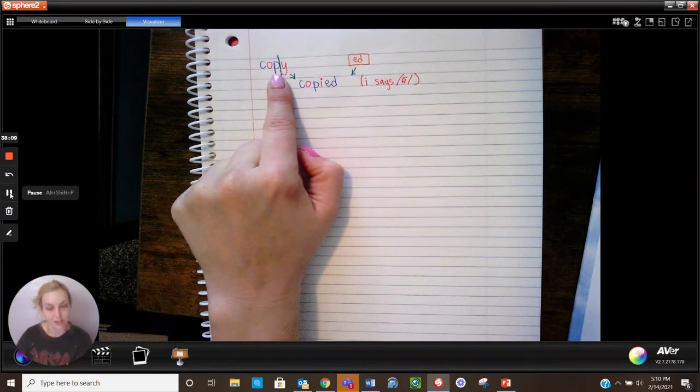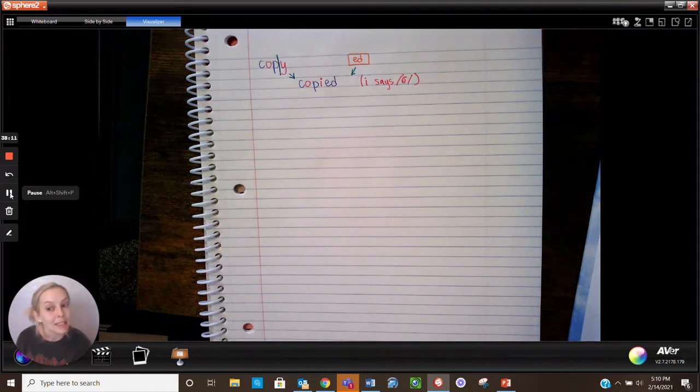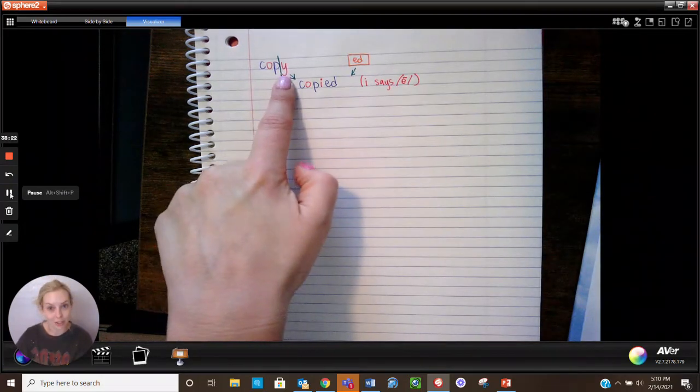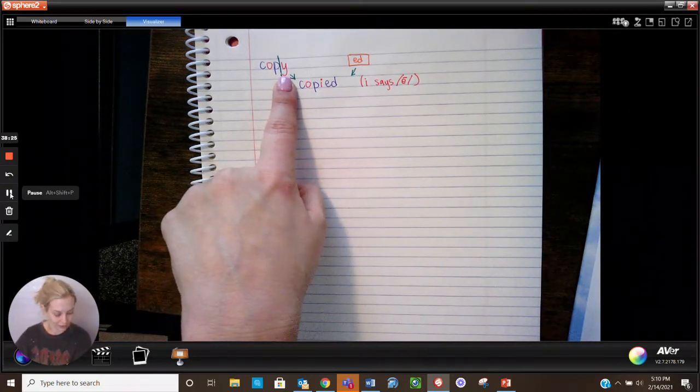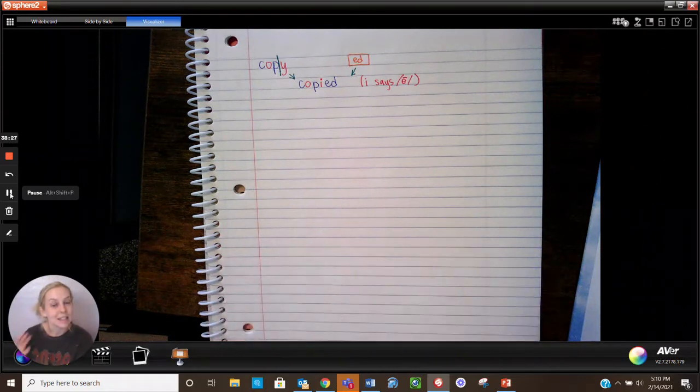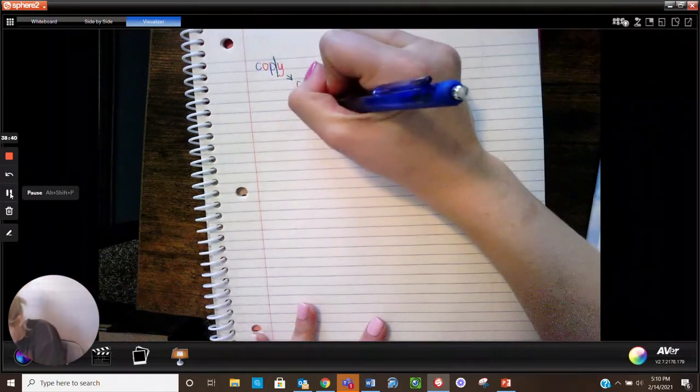How would you change this to copies? So I made copies for my class, or my little sister always copies me. Single vowel Y would change to I. Very good. And since the new suffix es does not begin with I, Y gets changed to I. And then we make it plural with es. Very good. Let's write the word copies.